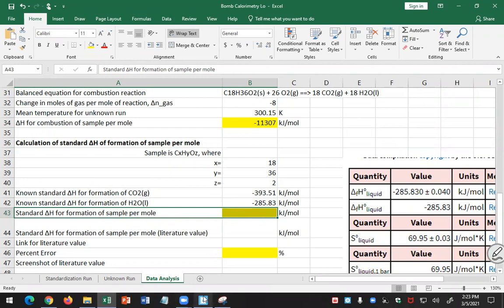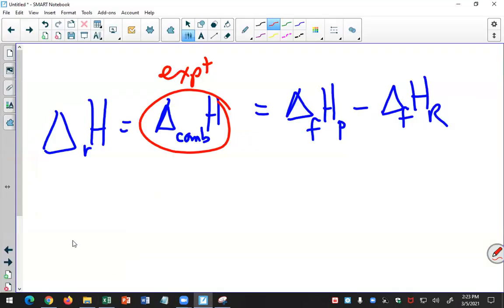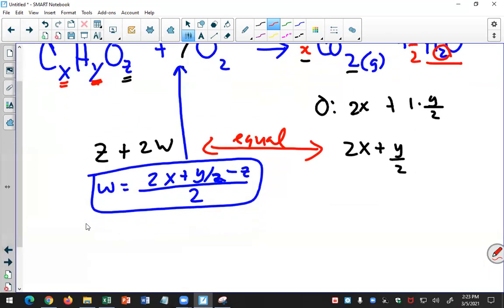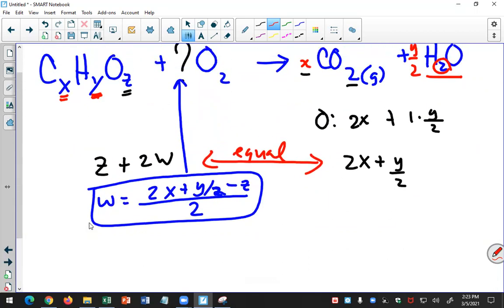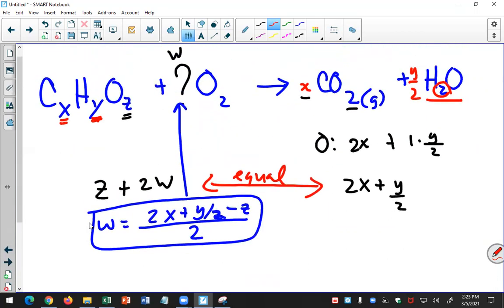Well, let's look at our equation right here. What's our delta H of this reaction?